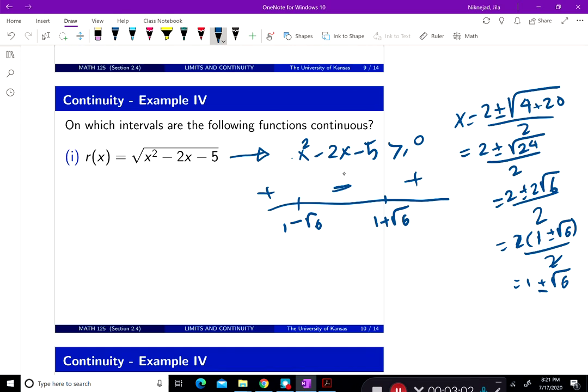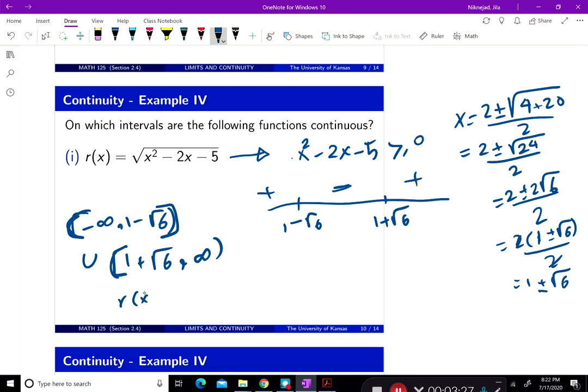So the domain of this function is negative infinity to 1 minus square root of 6, union 1 plus square root of 6 to infinity. These two endpoints are included and the other two are not. And so the domain of the function is here, and r of x is continuous on this domain.